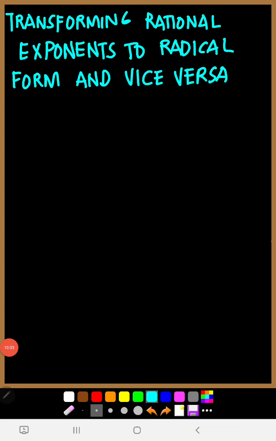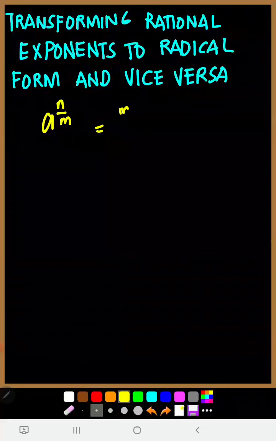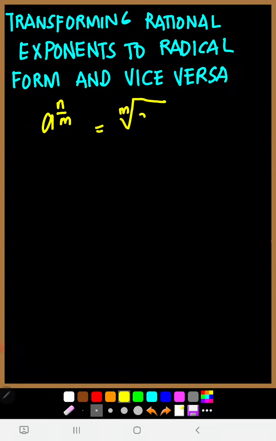Okay, so now I'll give you examples of how you can transform rational exponents to radical form and vice versa. Ulitin natin, isulat natin dito para hindi nyo makalimutan. A raised to n over m is equal to the m root of a raised to n.